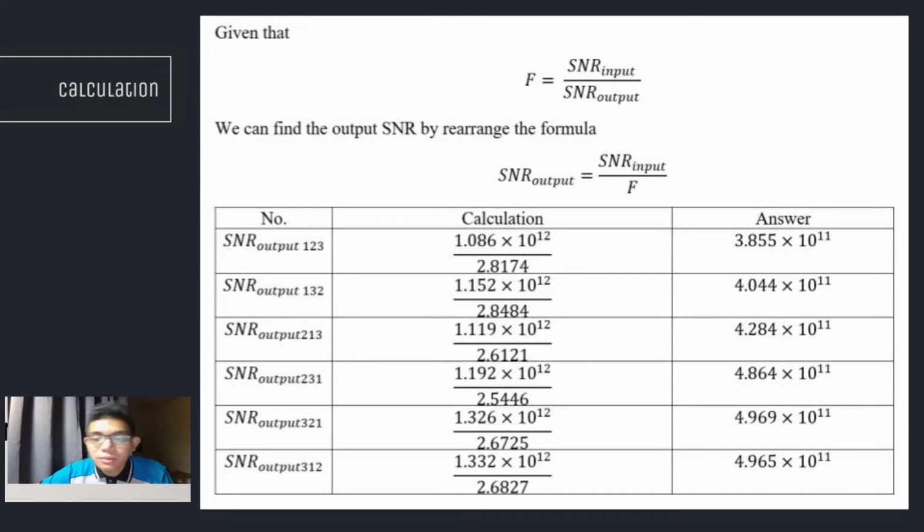Okay, and then after we find the total noise figure for the cascade amplifier, we must use the Friis formula again to find the environmental temperature for each chamber and amplifier arrangement.